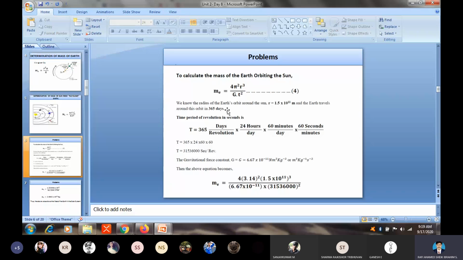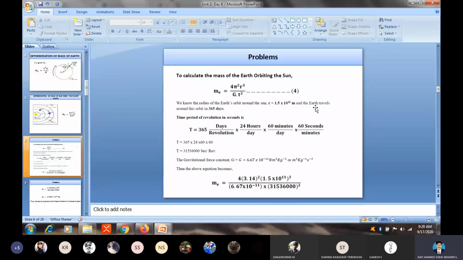See, here they have given a problem. They want to measure the mass of the Earth orbiting the Sun. To do so, they have given the value of the radius of the Earth's orbit around the Sun, r is equal to 1.5 into 10 power 11 meter.